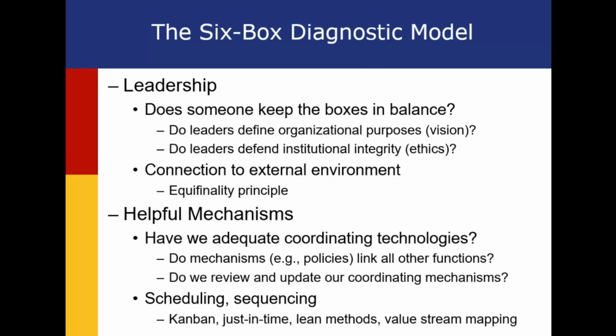Say, well, technology. Doesn't say it. Yeah, but do we have adequate coordinating technologies is how he defines it. Do mechanisms, for example, policies, rules about doing this, that, SOPs, do they link all of the functions? What's technology in this sense? It isn't just wires and buttons that you push and stuff.